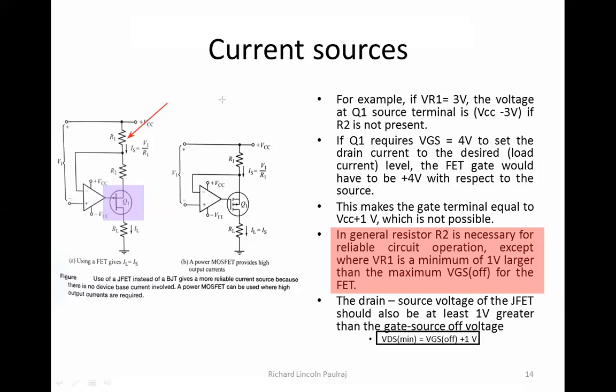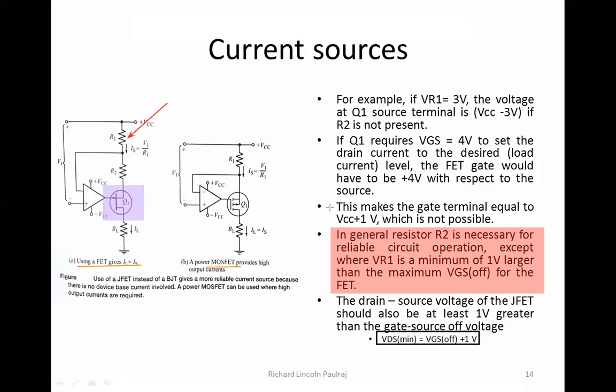So if your design needs this type of configuration, where you need to equate both the load and the source, then you can go with the FET type of configuration. If not, if you want still higher output currents, then you can include a MOSFET, and that will provide you higher output currents.